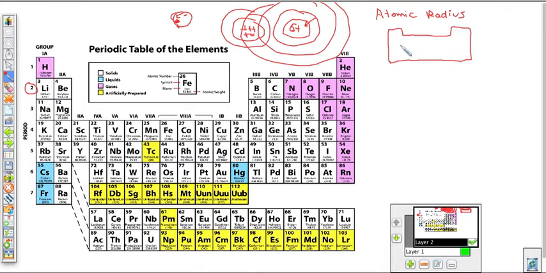It's going to get larger, or smaller, I'm sorry. It's going to get smaller as you go from left to right because of what we just discussed. The amount of protons increases and the electrons are in the same energy level. And as you go down, it's going to get larger. Okay, so that's atomic radius.